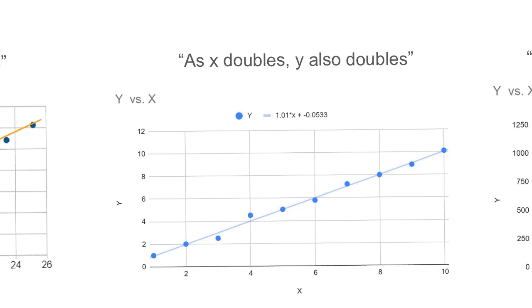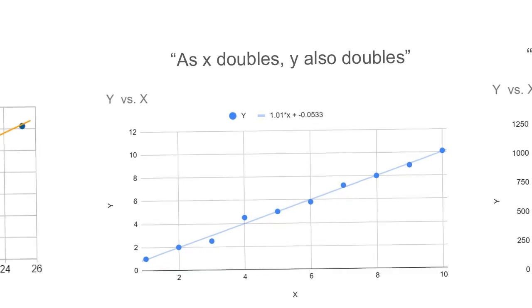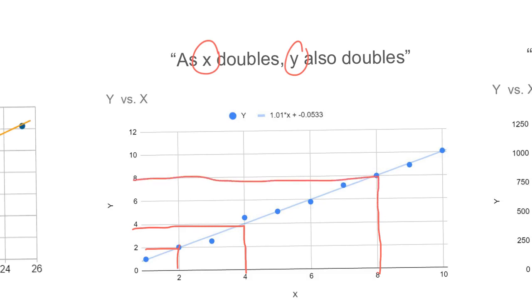We can also look at this a little bit closer with our data. We can see that as x doubles, y also doubles. I start off at 2 and 2, as I go to 4, my y roughly doubles. As I go to 6, or as I go to 8, as I double my x, y also doubles.